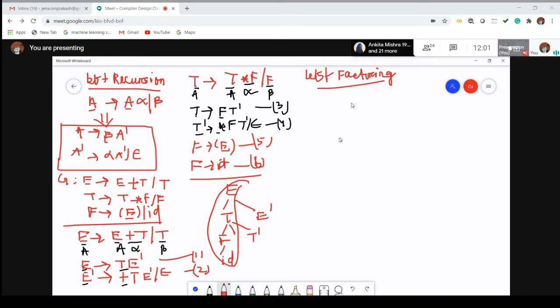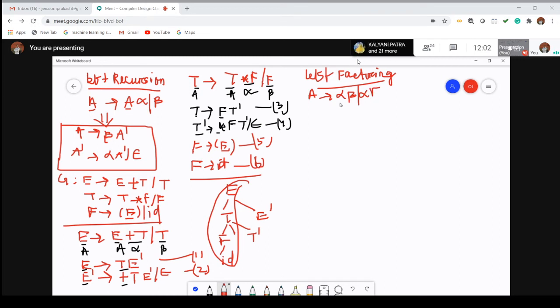For left factoring, let us consider a production of the form A to alpha beta or alpha gamma.